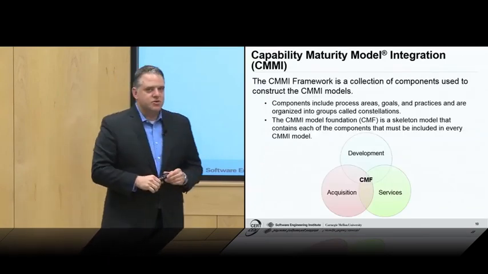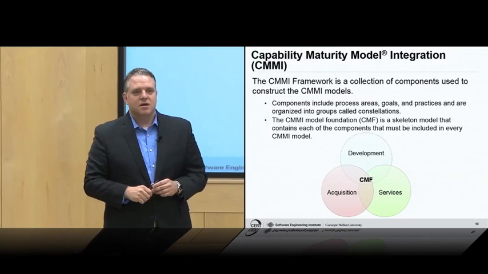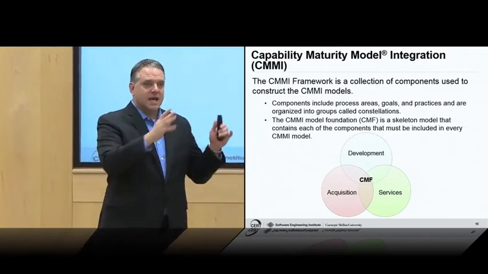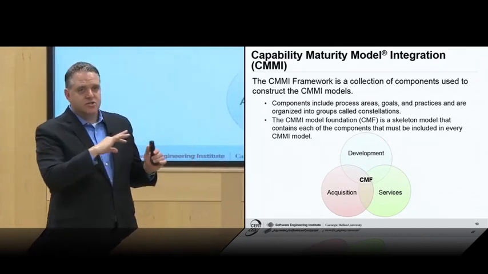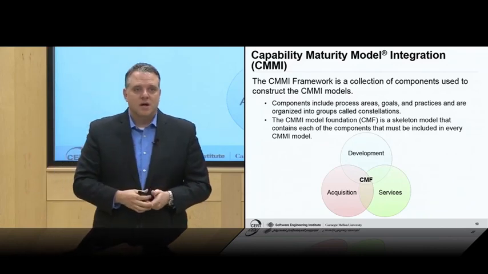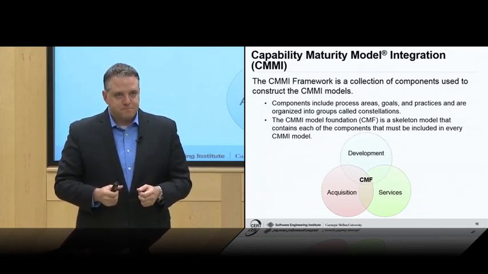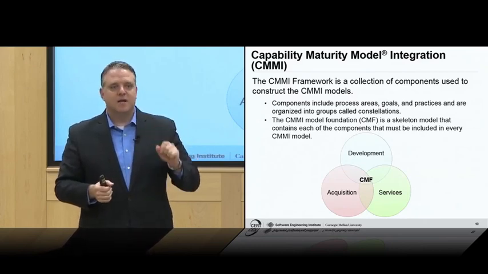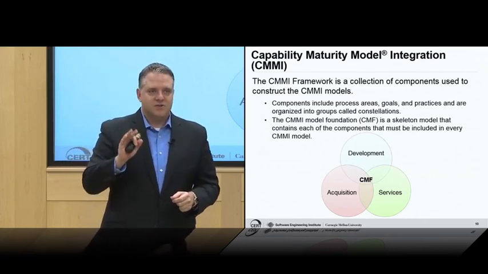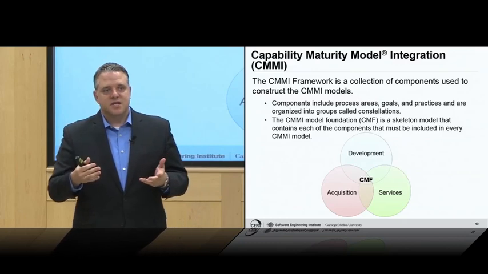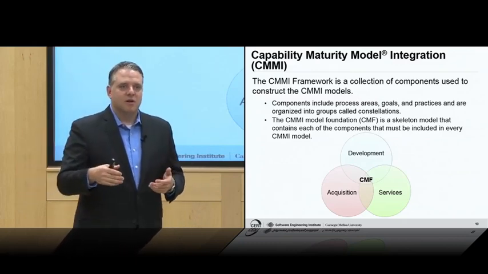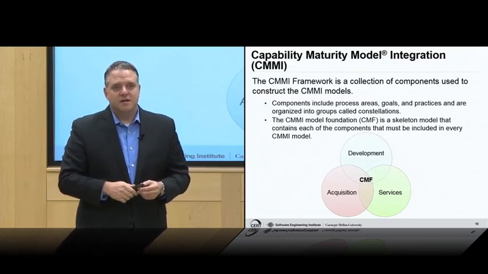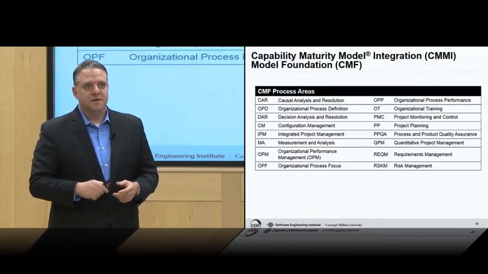The Capability Maturity Model Integration, again, this is taking the CMM that we just talked about and applying it to integration. And you have these 3 different constellations of development, acquisition, and services. And this is just a skeleton model that you can follow if you decide that this model is for you.